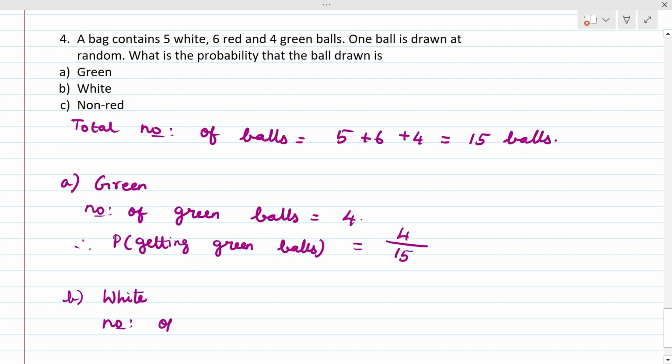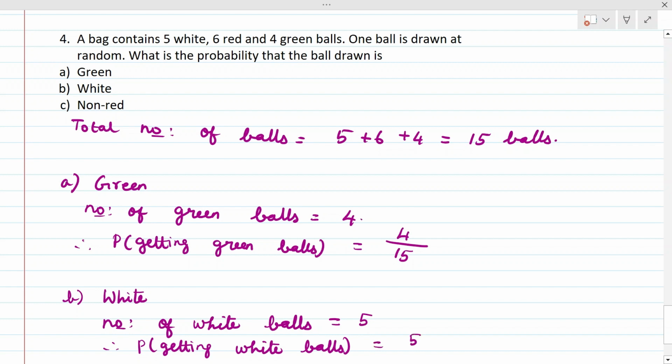When you find out white also there is no difference. Number of white balls: how many white balls are there? 5 white balls are there. Therefore, P of getting white balls is 5 divided by 15. If you have 5 by 15, it can be cut, so you have to cut it. 5 by 15 is equivalent to 1 by 3.